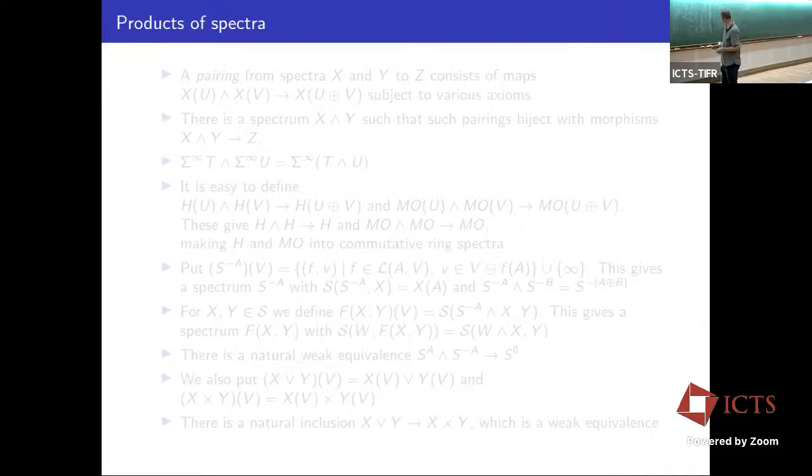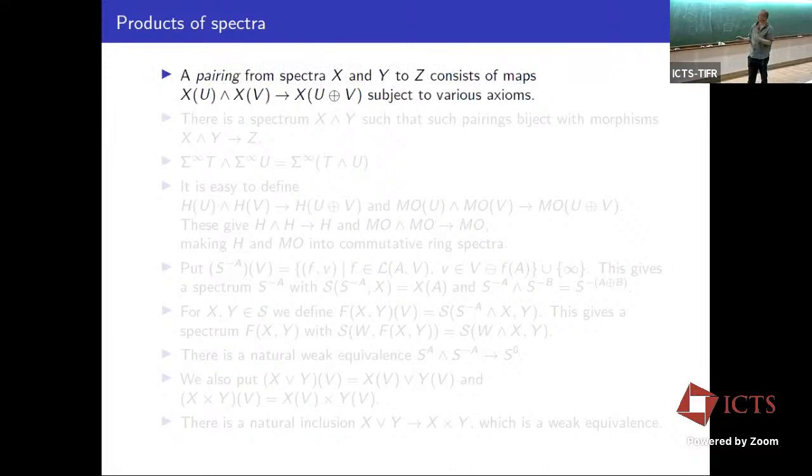Then we need to understand some stuff about smash products of spectra. Oh, this is a typo here. Before we say that, how do we define the tensor product of abelian groups?